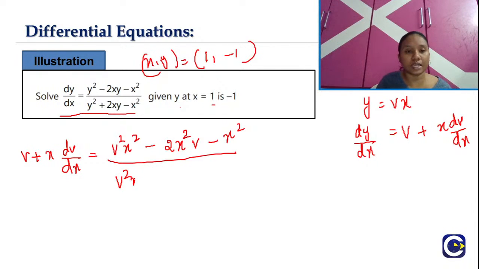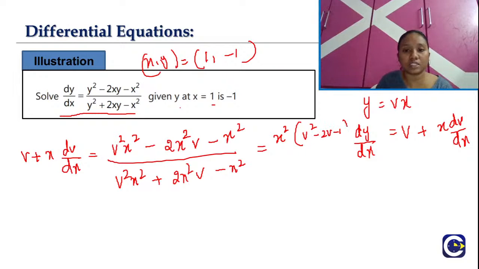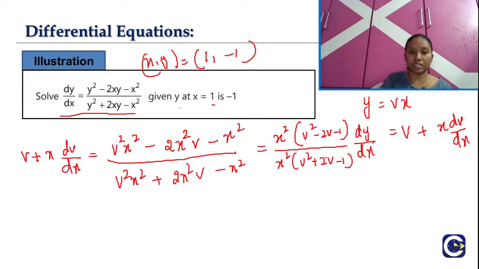And in the denominator, v square x square plus 2x square v minus x square. Amongst this entire term, from both numerator and denominator, we can take x square common, which means v square minus 2v minus 1 in the numerator, and similarly v square plus 2v minus 1 in the denominator.